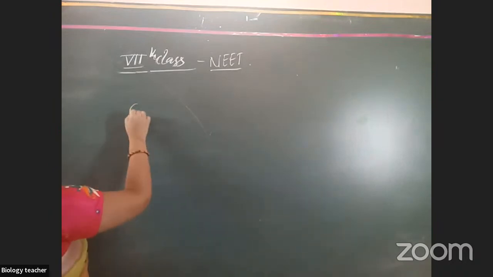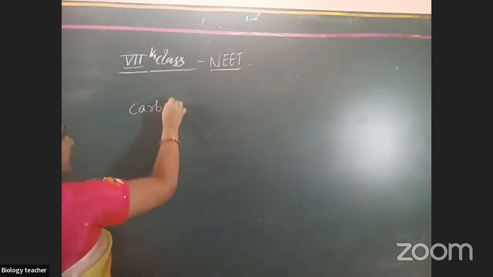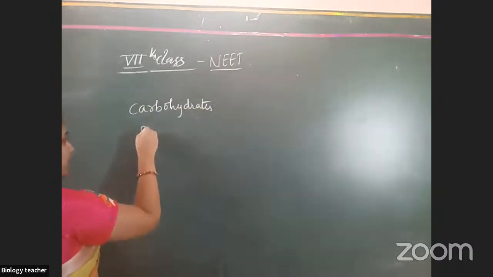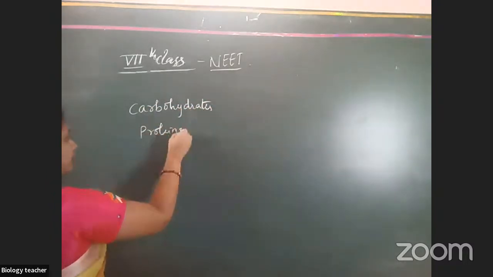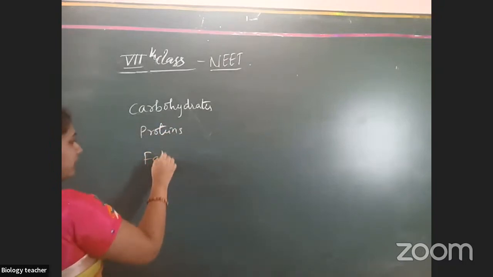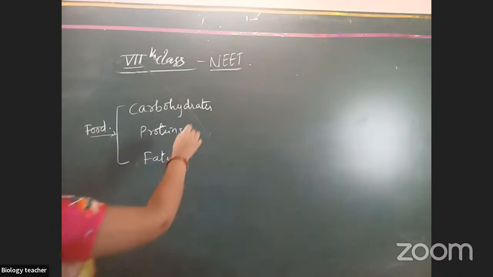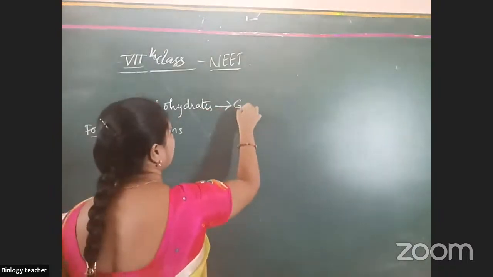So in the food, what is present? Carbohydrates, proteins, fats. These are present, right? In which one are these present? Food. So carbohydrates are changed to what? Glucose.